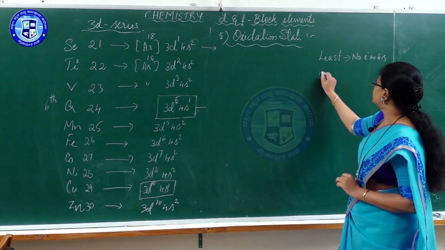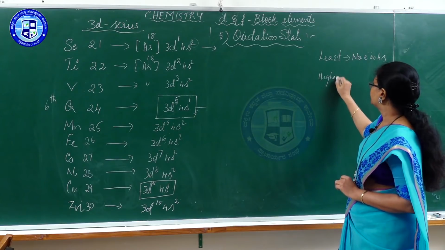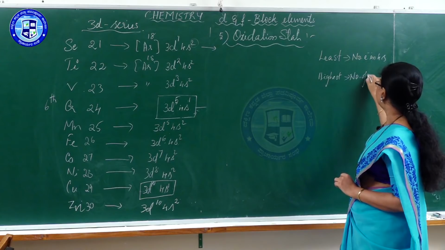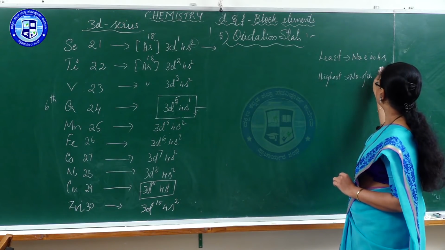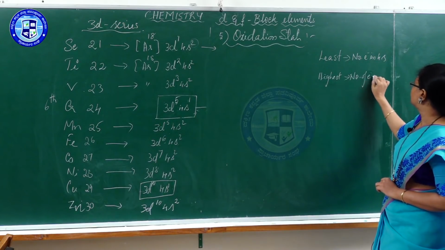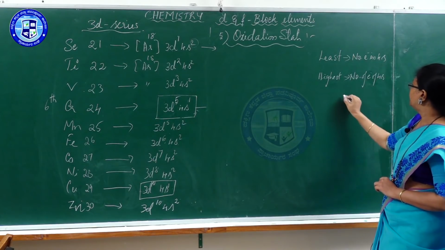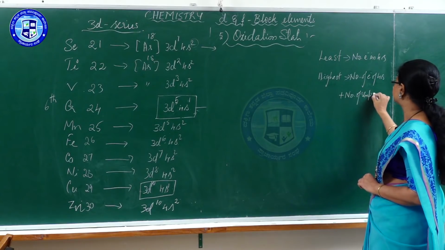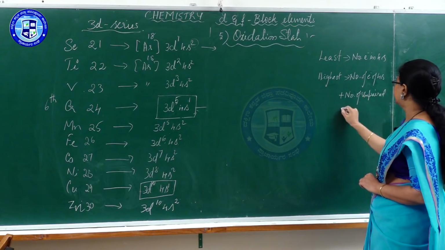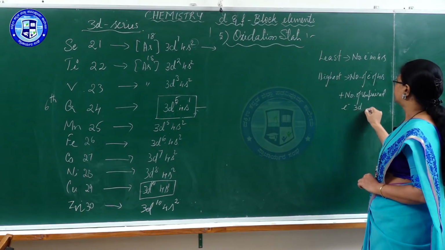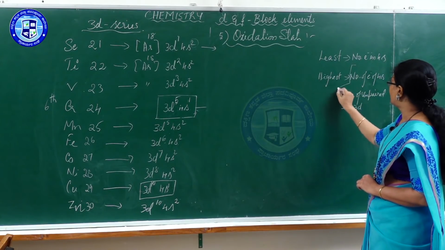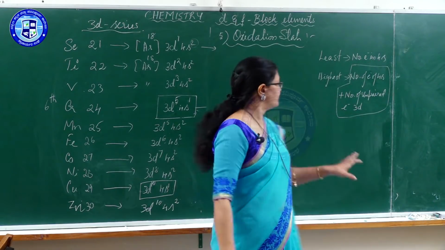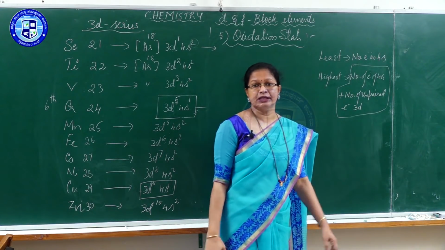Whereas, the highest oxidation state is the number of electrons of the 4s orbital plus the number of unpaired electrons of the 3d orbital. So, it is the sum of the number of 4s electrons and the number of unpaired electrons in the 3d orbital.